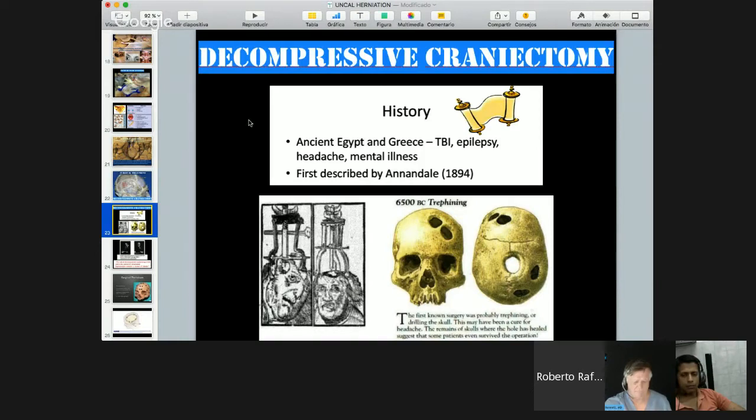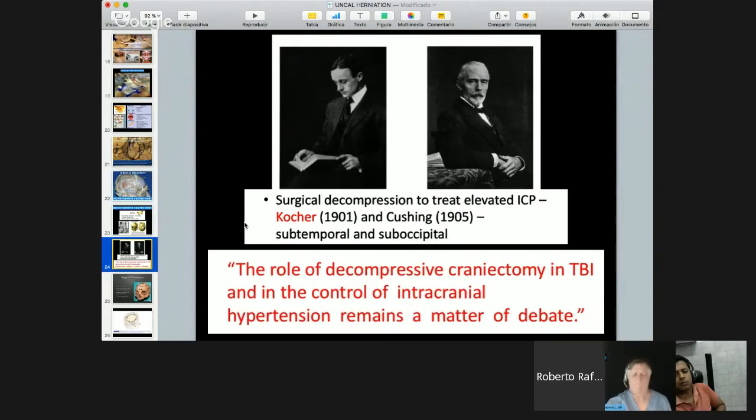has a long history, and here you can see the first trephinations, the first small craniectomies in very old pieces. But it was Kocher and Cushing, at the beginning of the 20th century, who made the decompressive craniectomy to treat elevated ICP, and they practiced subtemporal and suboccipital craniectomy.